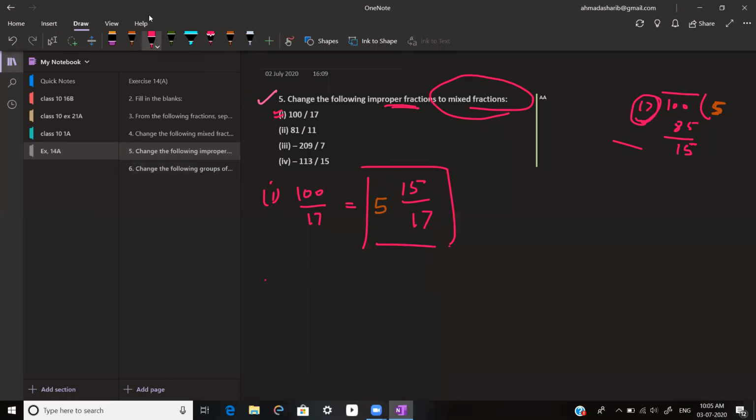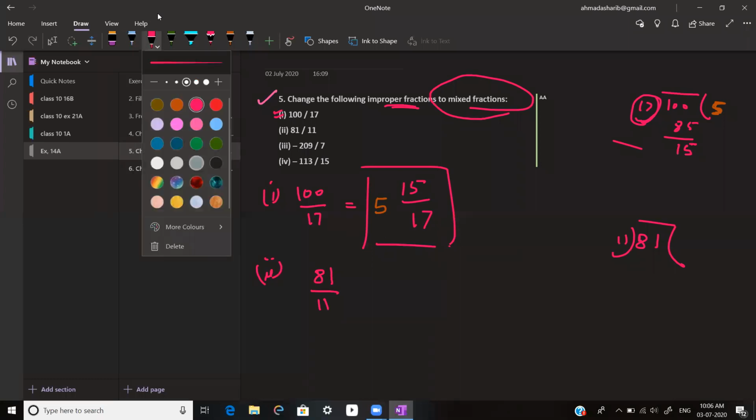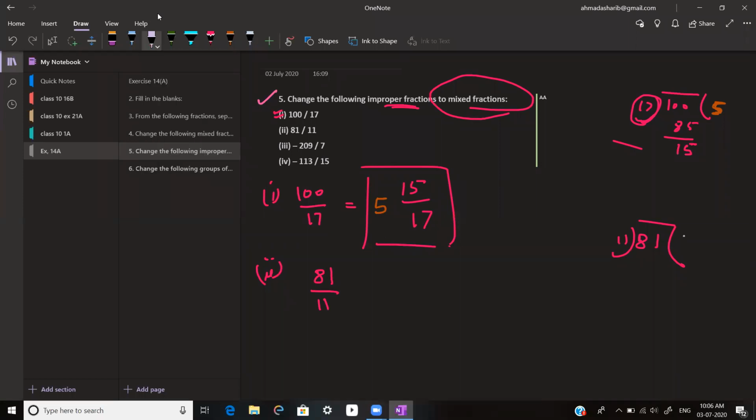Now let us do the second part, 81 upon 11. Now divide 81 by 11. So what will you get, students, here? Okay, 11 sevens are 77.